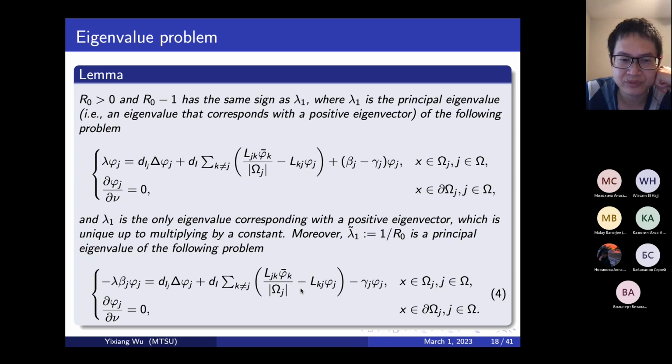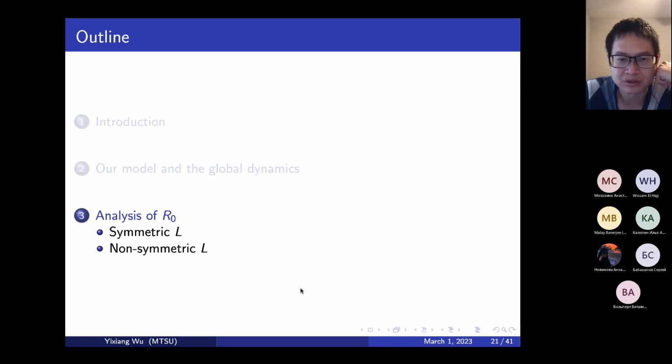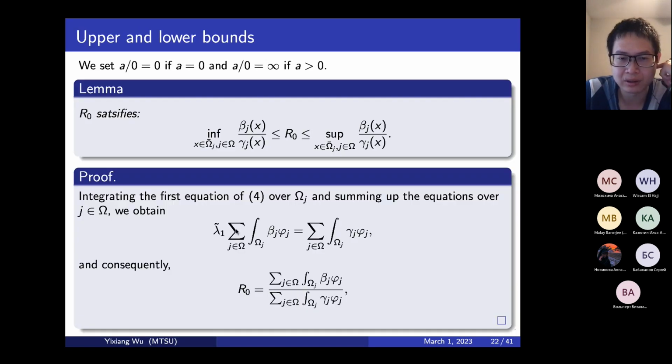Then we just get this. And remember lambda 1 tilde is 1 over R0, so we get R0 equals this integral. And using this expression, we can get the bounds for R0.